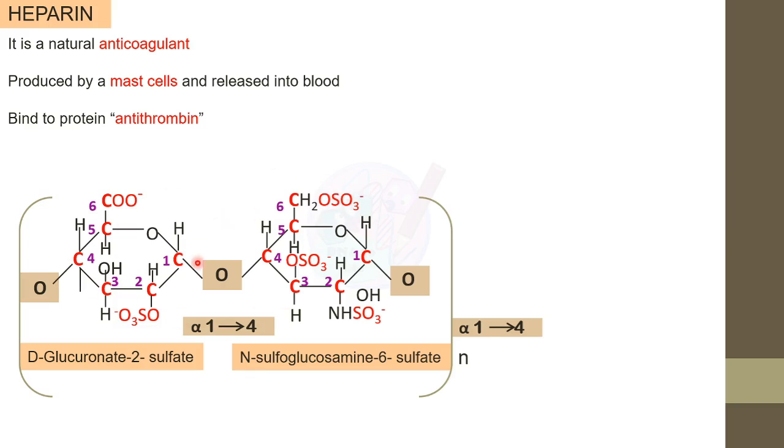So many sulfate groups are present. Heparin is a highly negatively charged heteropolysaccharide, and the bonding is similar. When D-glucuronate links with N-sulfoglucosamine 6 sulfate, it forms an alpha 1,4 linkage, and when N-sulfoglucosamine forms a bond with the next D-glucuronate 2 sulfate, it also forms the same linkage, alpha 1,4.